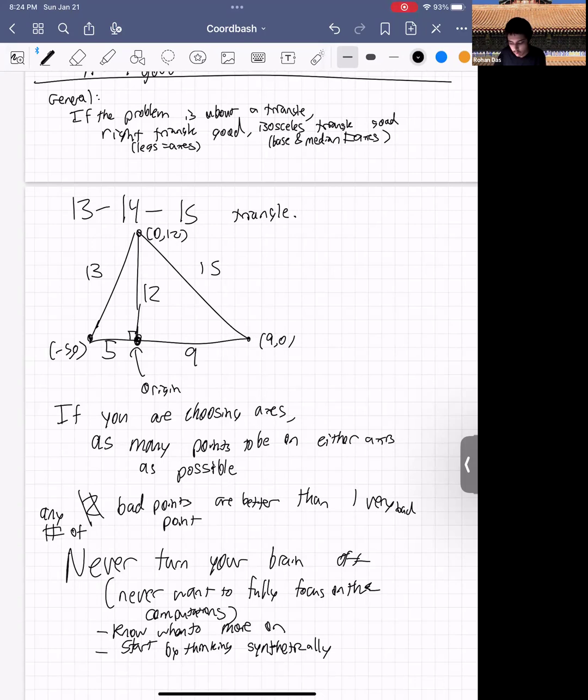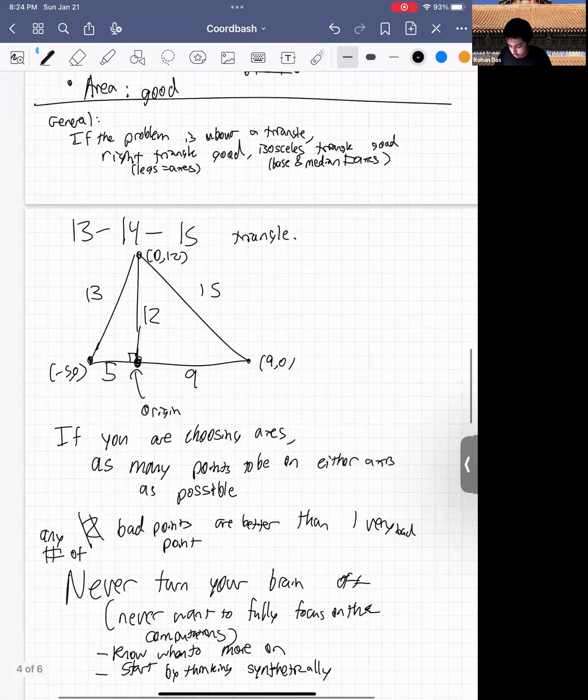And another thing that I forgot to mention that relates to this, any number of bad points is better than one very bad point, is also that you never want to introduce variables if you can avoid it.